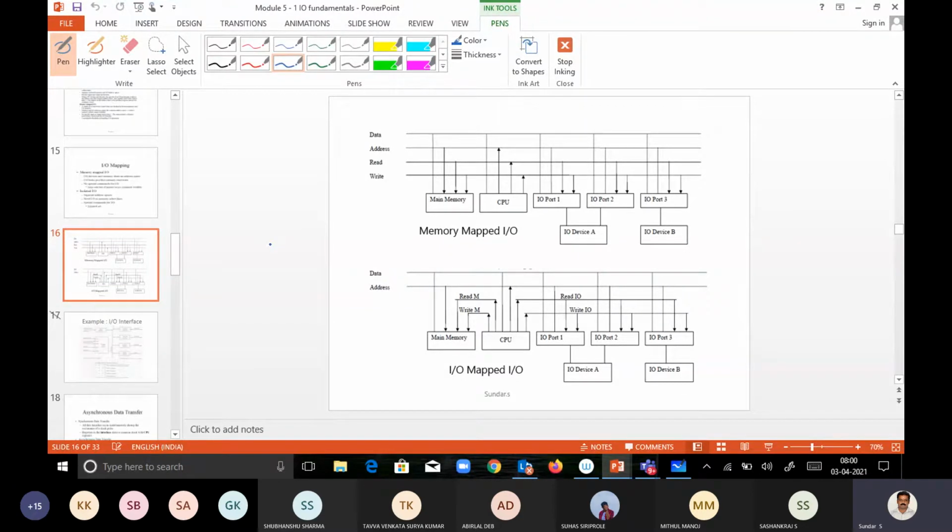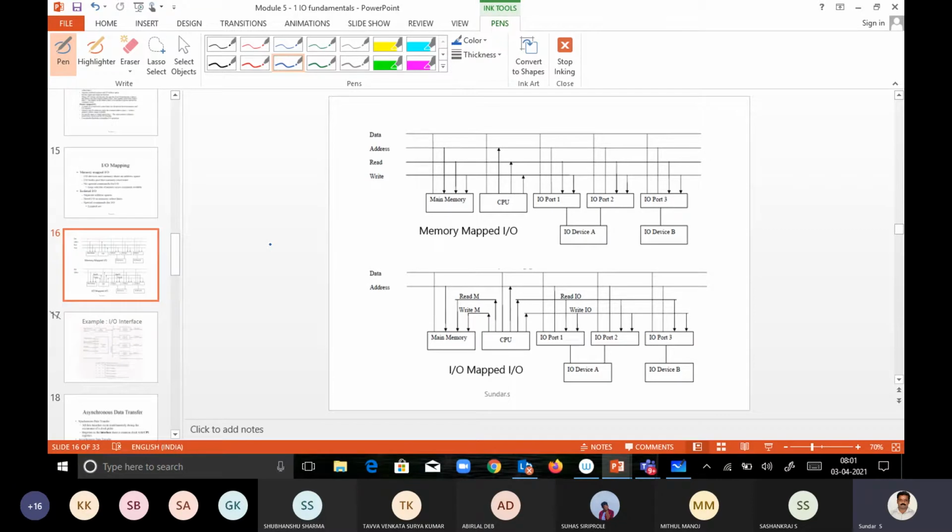Now let us understand what are the things we discussed so far. We started with IO interface, the need for IO interfaces. The CPU and the external peripherals have differences. We cannot connect any IO device directly with a processor because the processor's operating characteristics are different from the operating characteristics of IO devices.